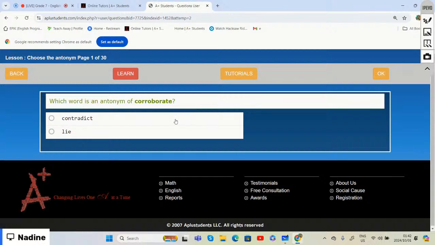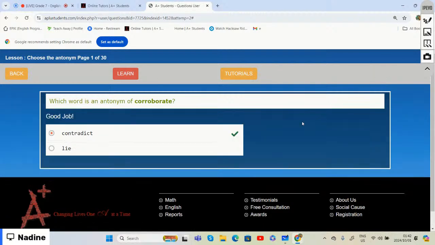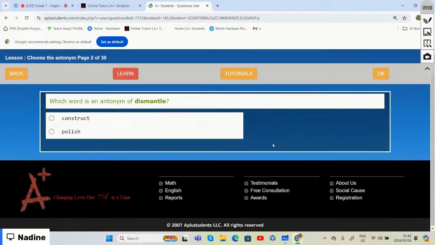Let's go to the word contradict, because remember the meaning is to give or present evidence of truth. So the opposite of truth is lie, but definitely contradict is correct. So well done. Contradict is correct.